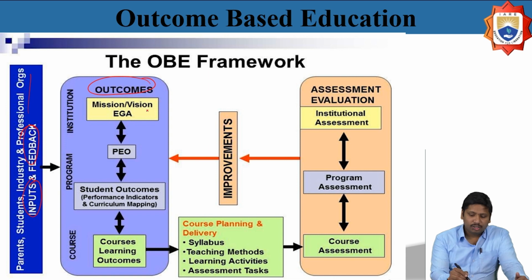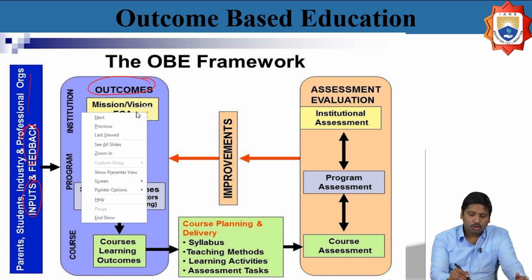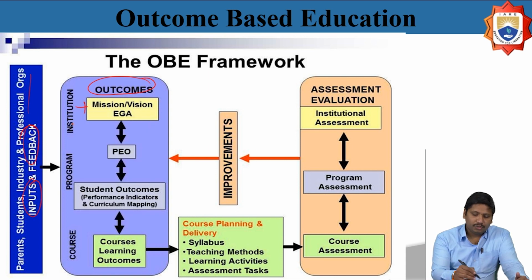The vision and mission are going to be defined by the institution, and the program educational outcome should lie between the student outcomes, where we are able to evaluate the performance indicators and curriculum mapping, and the course is going to define the course learning outcomes.